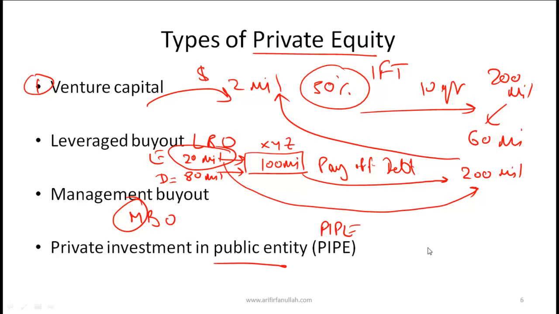What this company might do is approach an institutional investor and give that institutional investor a 30% ownership stake in the company, and obviously in return the institutional investor will give a certain amount of money. So this, from the institutional investor's perspective, is a private investment in a public company, and typically this investment would happen at a value that is lower than the market value of the stock.